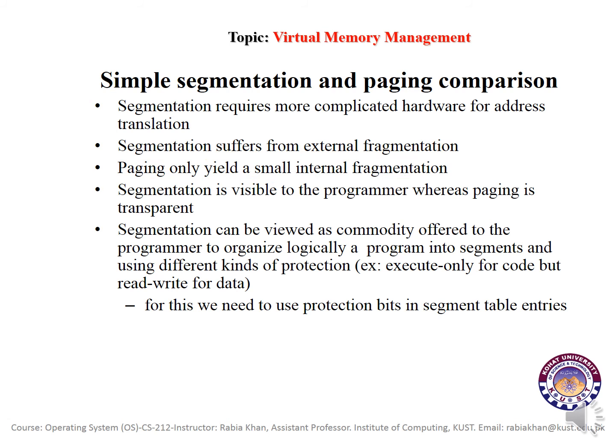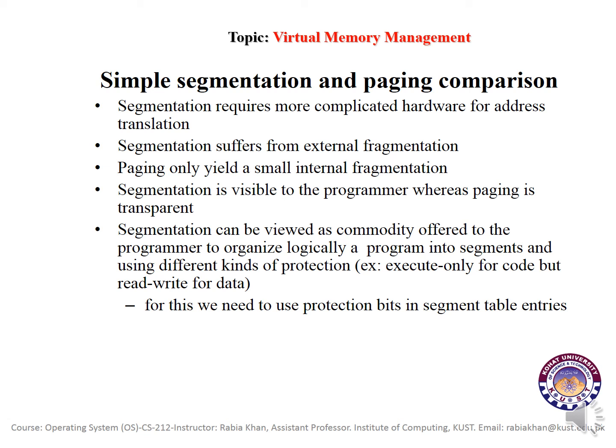Segmentation actually is a treasure for the programmer to organize his programs. So protection is provided in segments in the shape of the size, as we store the size or length of every segment in the segment table.